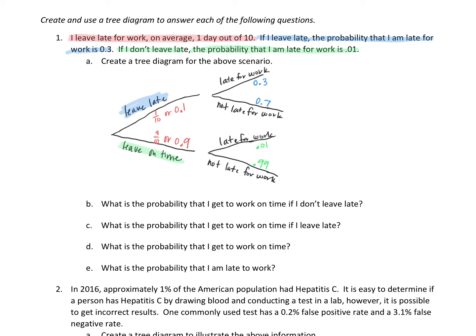So B, what is the probability that I get to work on time if I don't leave late? So if I don't leave late is an important place to start.